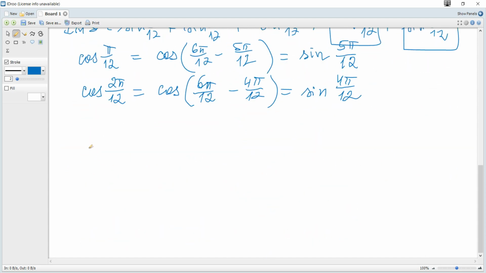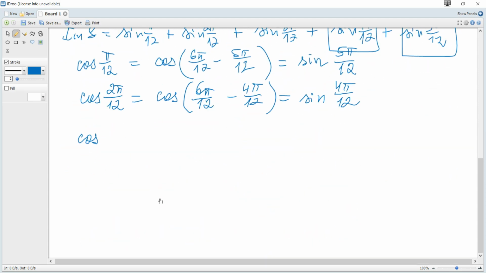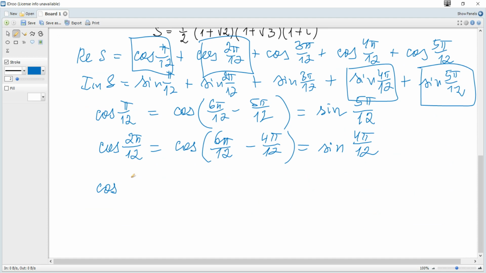So let's consider cosine of pi over 12 as required. It's cosine of pi over 4 minus pi over 6, and we need the exact value, not a rounded value from the calculator. We represent it as cosine of the difference.